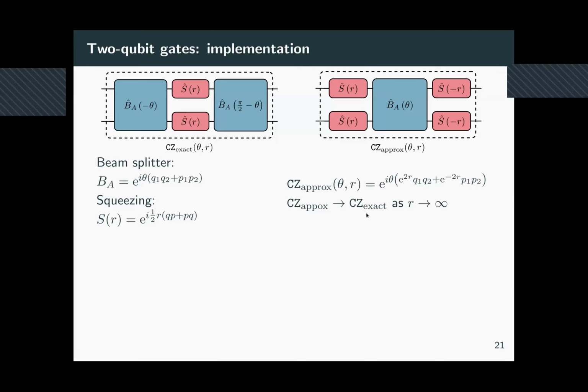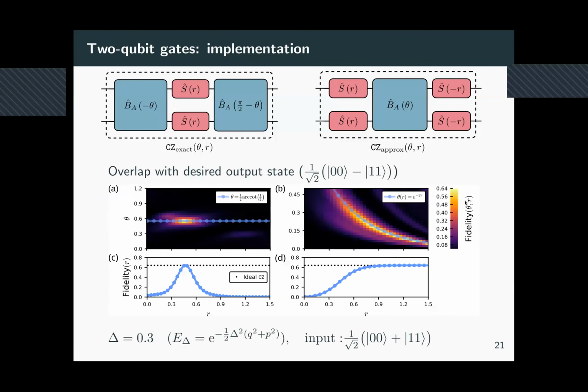And so this approaches the ideal CZ gate as the squeezing goes to infinity, but in practice, we see that if we apply this to a GKP state with finite energy, where the envelope is defined by, in this case, 0.3, we find that already with this parameter R around 0.9, we get very close to the ideal CZ gate.